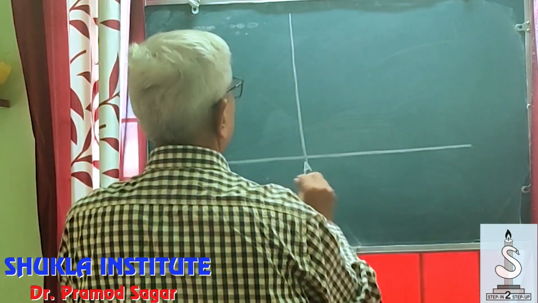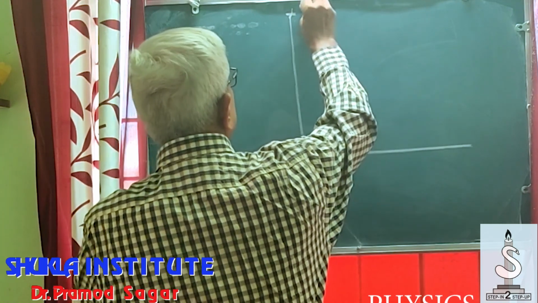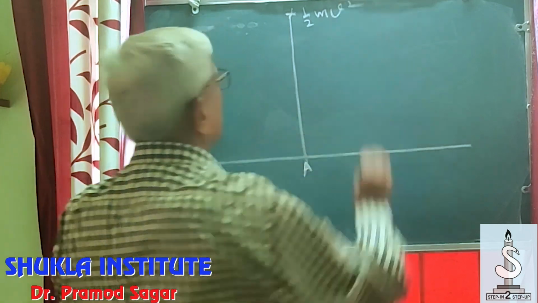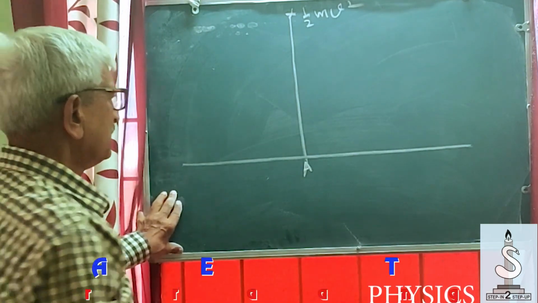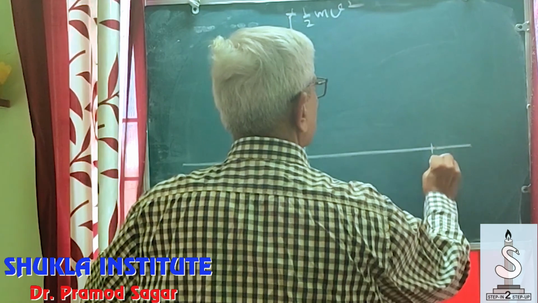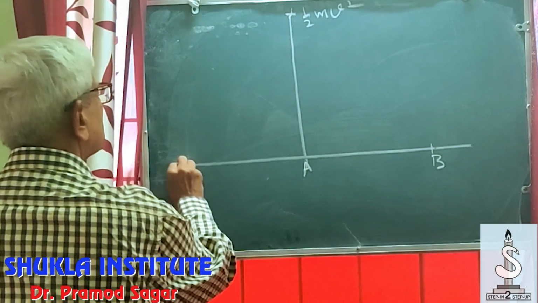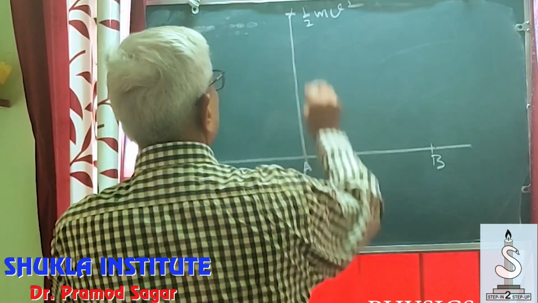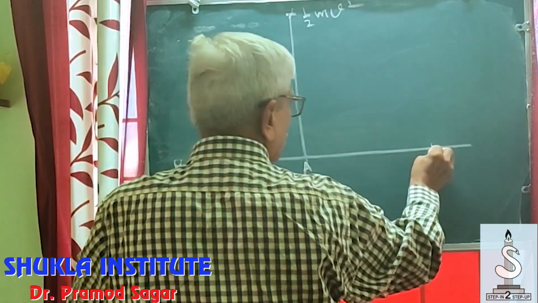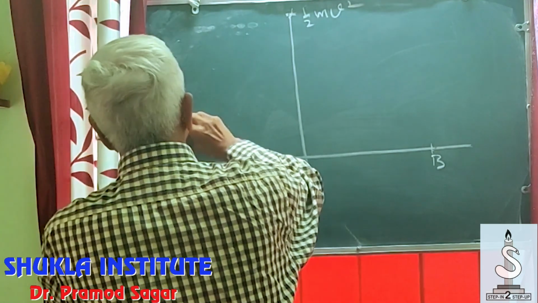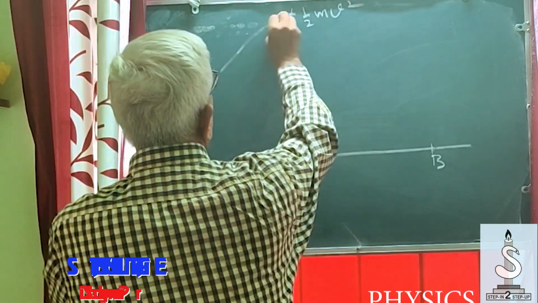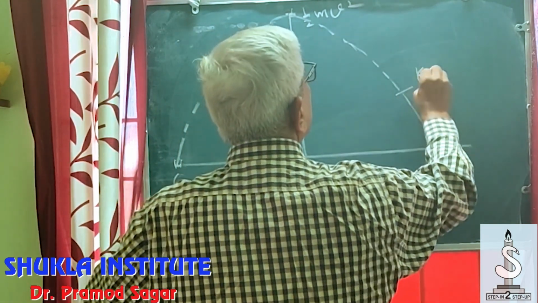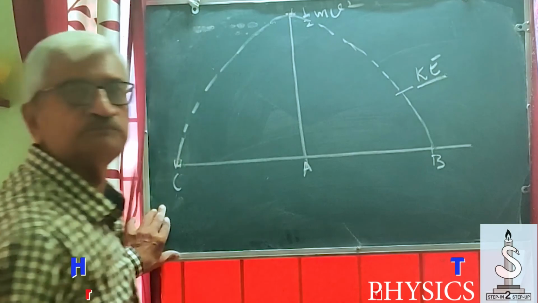This is position A. Here the total energy is kinetic energy and is half m v square. The kinetic energy becomes 0 at B, and kinetic energy becomes 0 at C. So the kinetic energy starts from here, becomes 0, so this is the kinetic energy graph.